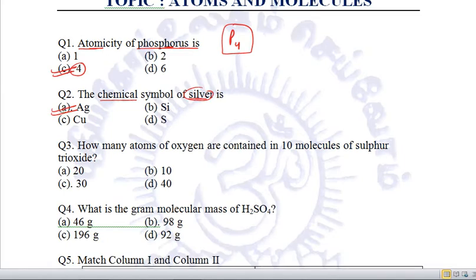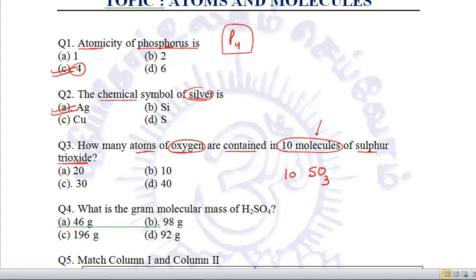How many atoms of oxygen are contained in 10 molecules of sulfur trioxide? Now, first of all, sulfur trioxide is SO3. We have got 10 molecules, that means we'll put 10 here. And now we have to calculate how many atoms of oxygen are there.